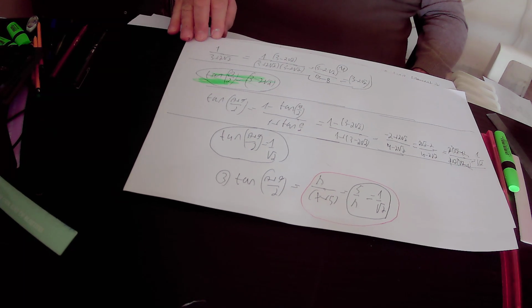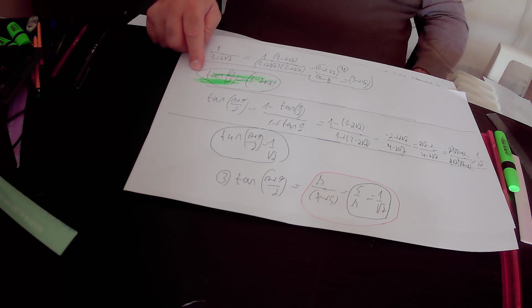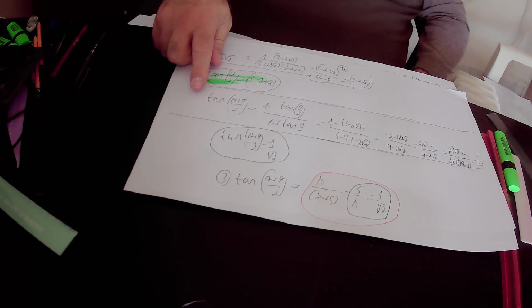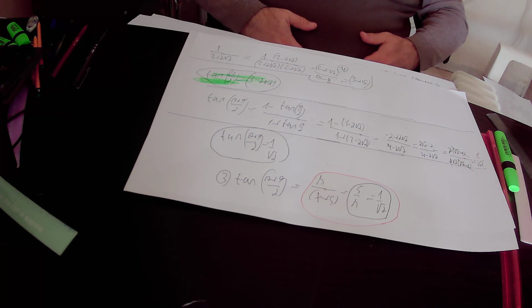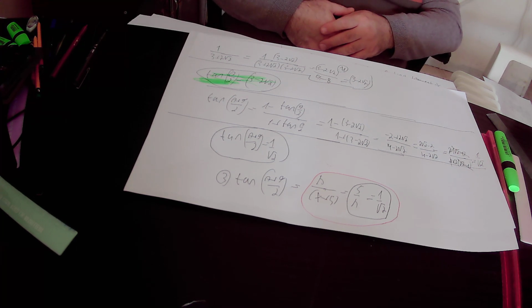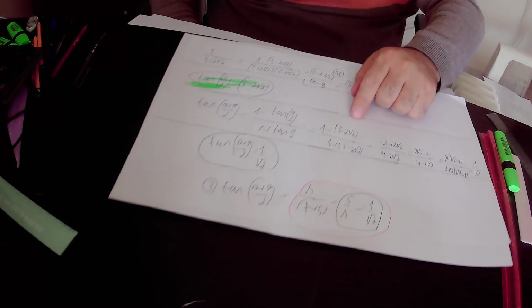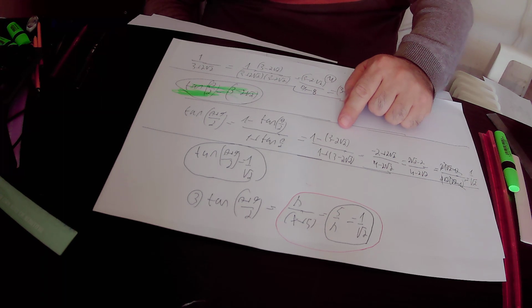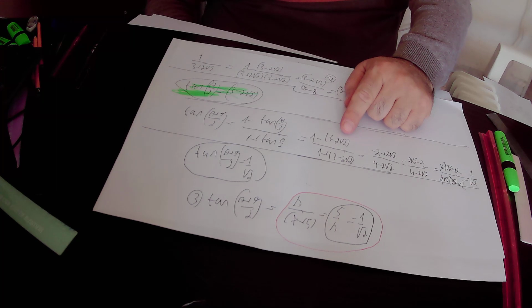So here we can put the value of tangent theta over 2 inside the equation of tangent theta plus alpha over 2, that states that it equals 1 minus tangent theta over 2 over 1 plus tangent theta over 2. Here we have 1 minus tangent theta over 2, which is 3 minus 2 times square root of 2, over 1 plus tangent theta over 2, that is 3 minus 2 times square root of 2.